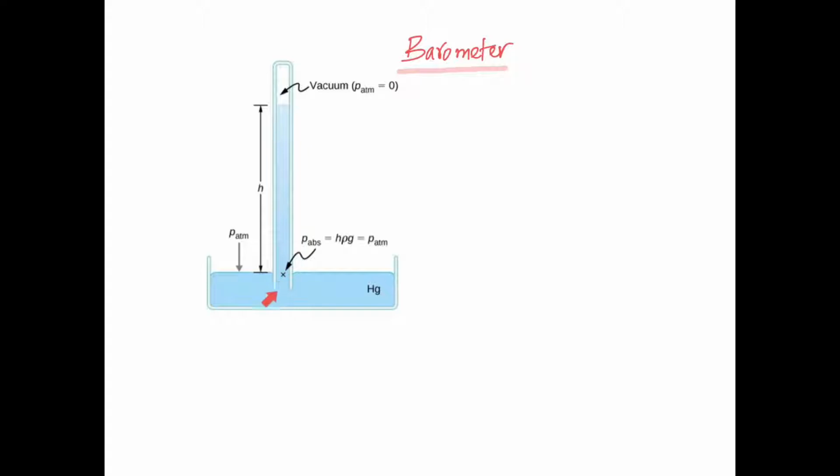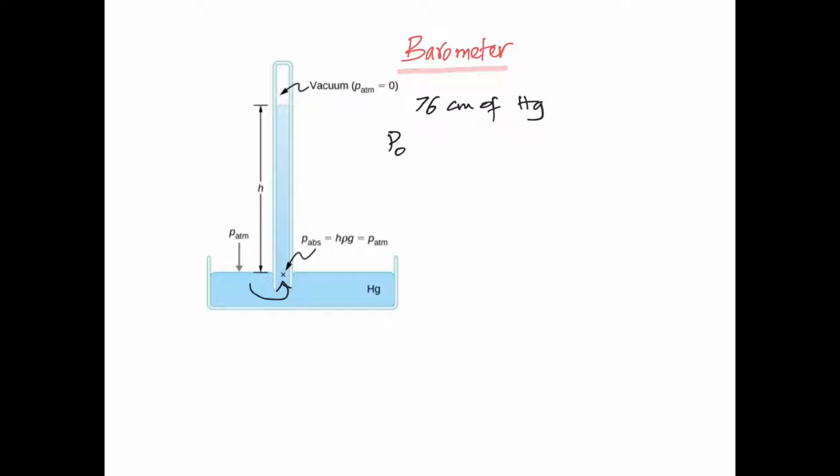Remember that this end of the tube is open, yet the mercury is not coming out, which means it is the atmospheric pressure that is holding the mercury in the tube, counterbalancing its weight. Therefore, we can say that the atmospheric pressure is equal to the pressure exerted by 76 centimeters of mercury.